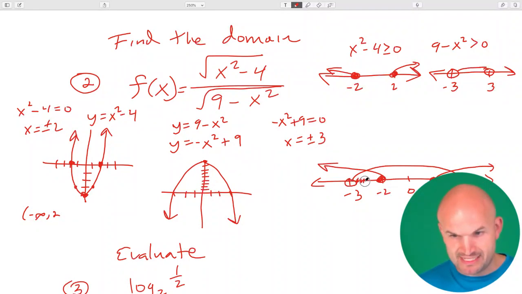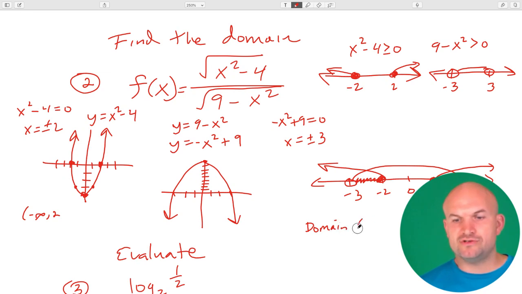So that's going to be between negative 3 and negative 2, and between 2 and 3. That's it. So to write that domain using interval notation is going to be from negative 3 to negative 2, union, 2 to 3.